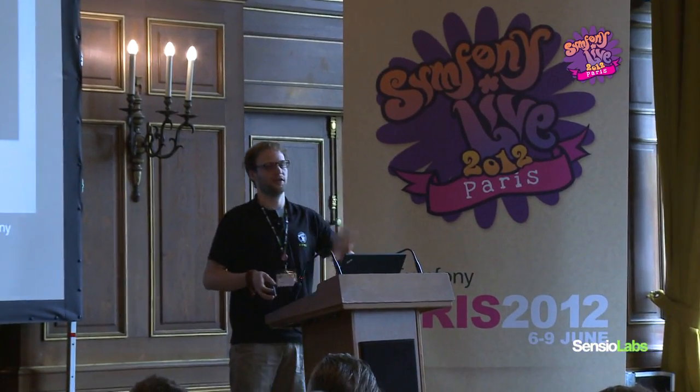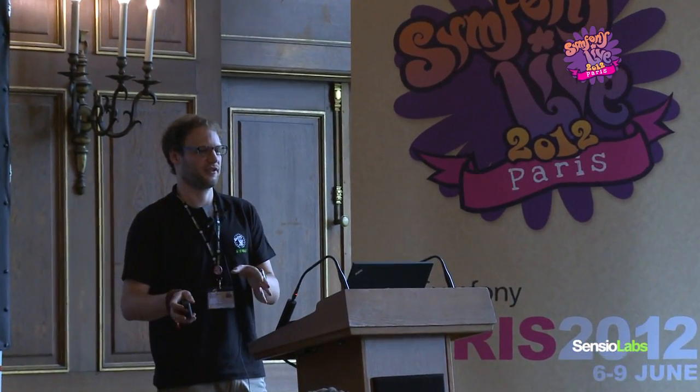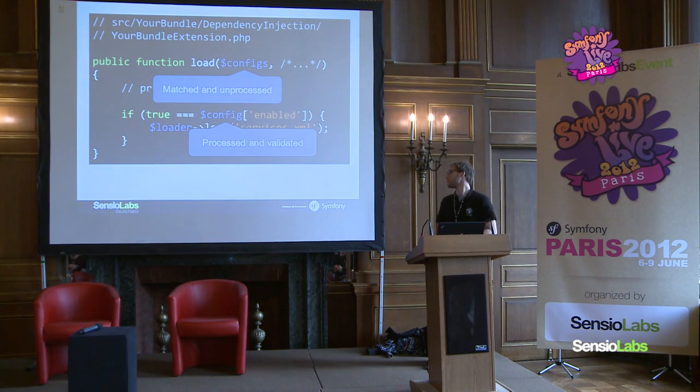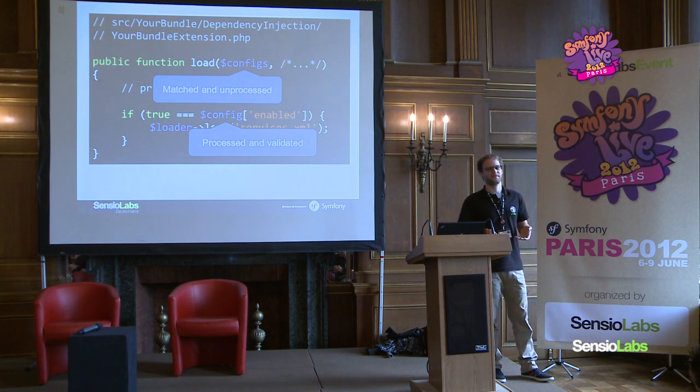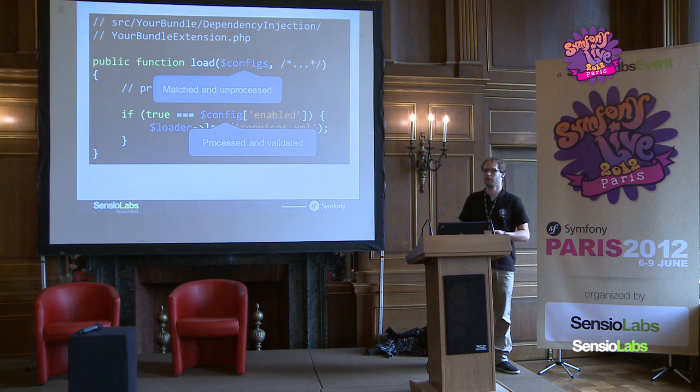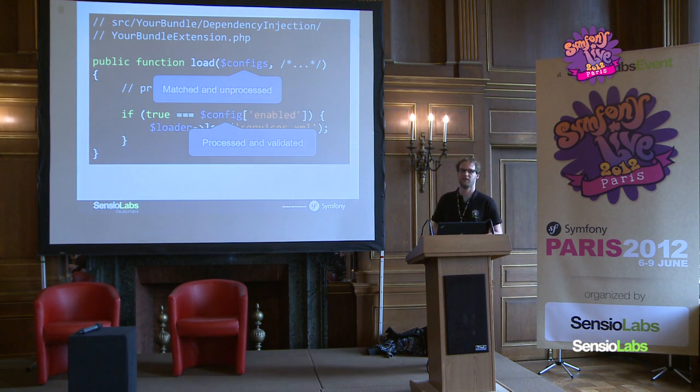So you don't get all the other options. You can just focus on your stuff. After they are processed, you have in this config variable the already processed version that is validated. So after this, you can be sure that everything is validated as you said. And then you can do stuff like this: if your bundle is enabled, include my services, for example.